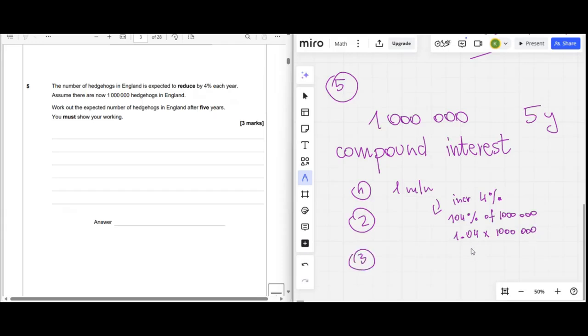W trzecim roku będzie znowu przyrost o 4% z drugiego roku. A drugi rok to było to 1.04 times million. So we have times another 1.04. Kolejny przyrost. Another increase. Another year. W czwartym roku znowu będzie ten przyrost o 4%. Another increase. Co nie? Tak. Czyli mamy tak.